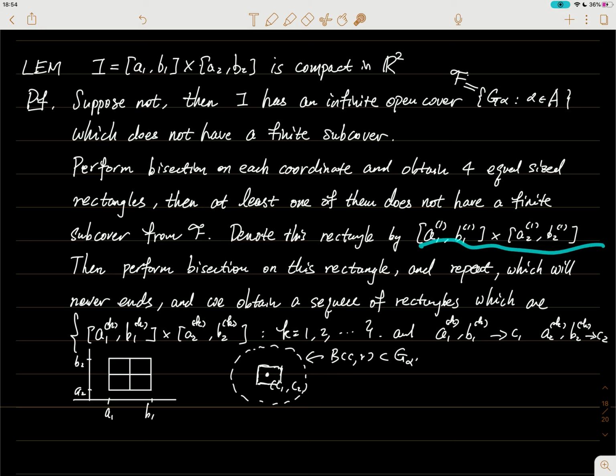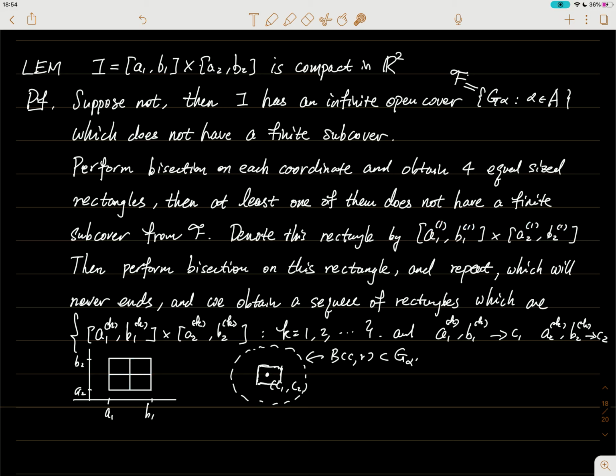This is just the box denoting this area here. Now you can see that A1, B1 mean the two endpoints in the first coordinate, and A2, B2 mean the endpoints of the interval in the second coordinate, or second axis. And this 1 here means I've done this bisection once. I partitioned this once, and I got this.